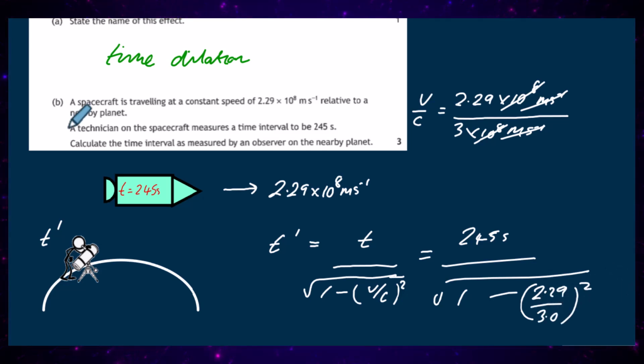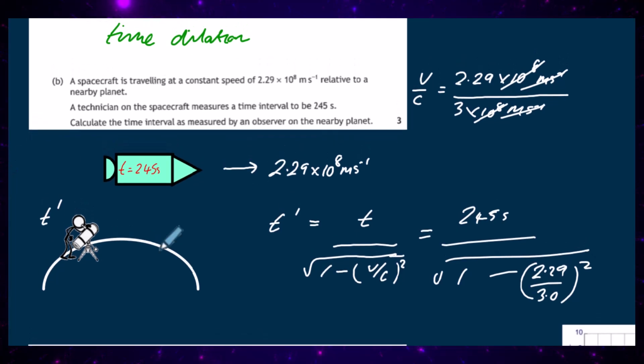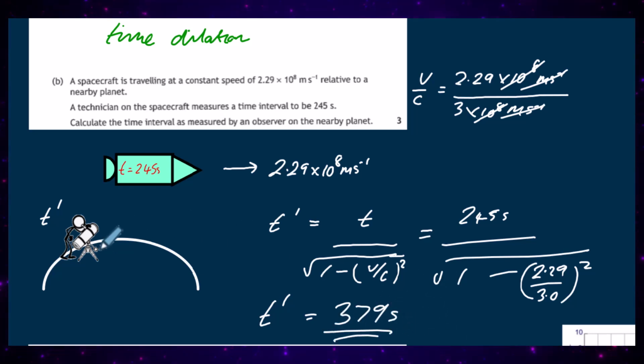Now, all we have to do is put that into our calculator, and we end up with the time measured by the observer to be 379 seconds. And you can see that the observer measures it to be 379 seconds, whereas the spacecraft measures 245 seconds. So really the time has been dilated, as I've asked in the first question.